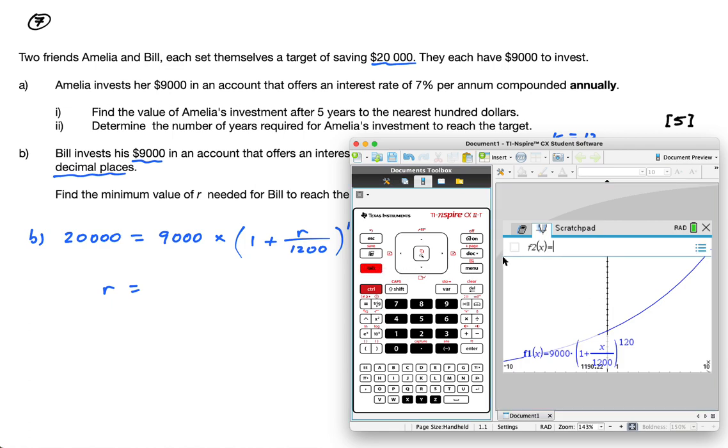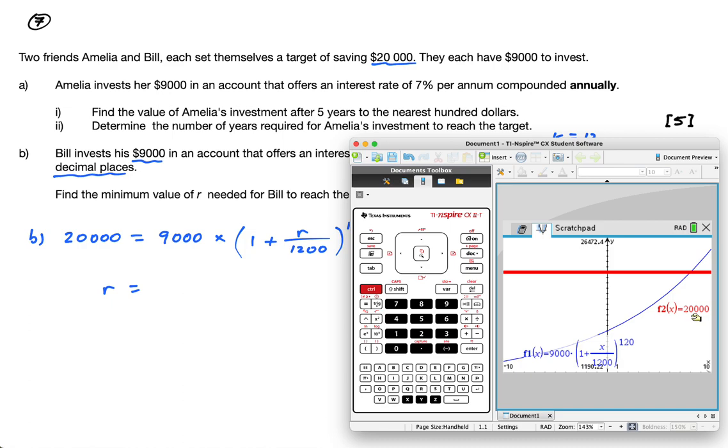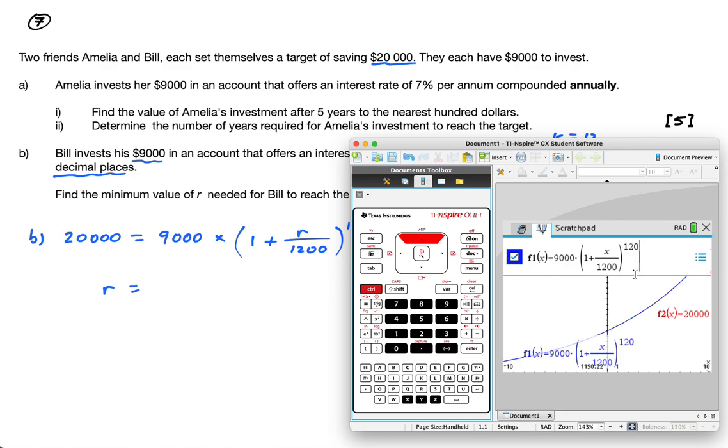So now I want to see where it equals 20,000, so I'll just graph y equals 20,000, and I get this graph. So here's my answer. Just move that. The x coordinate of this intersection point is my r value, because remember, x is the r in here. That is my rate, my interest rate.